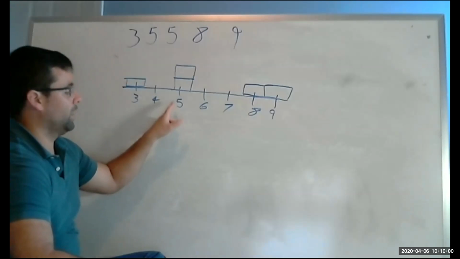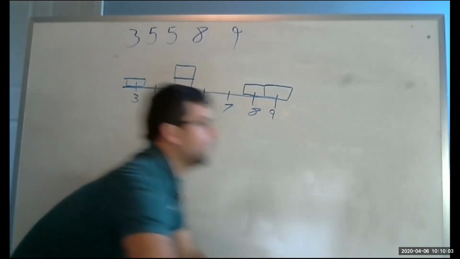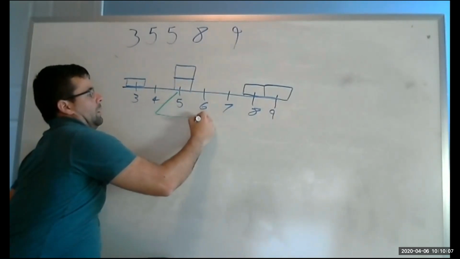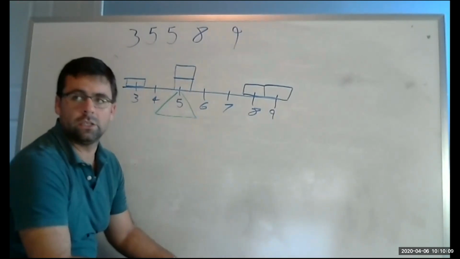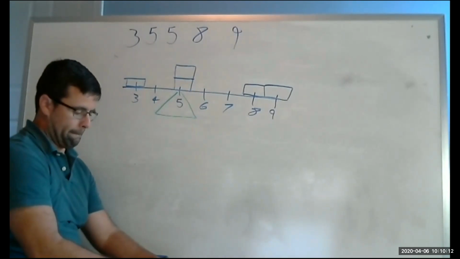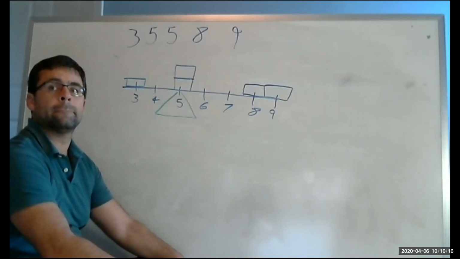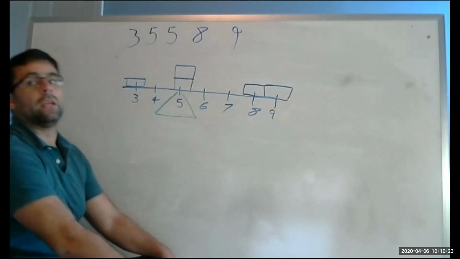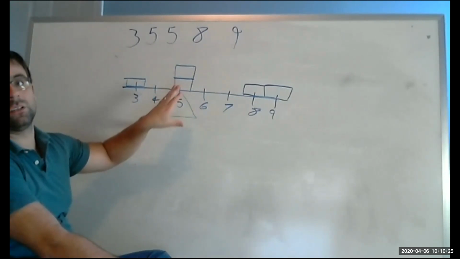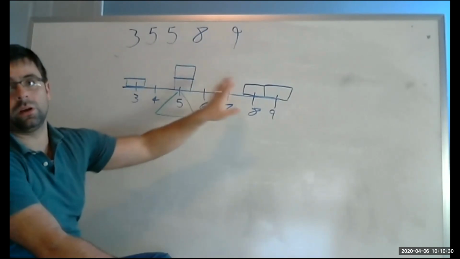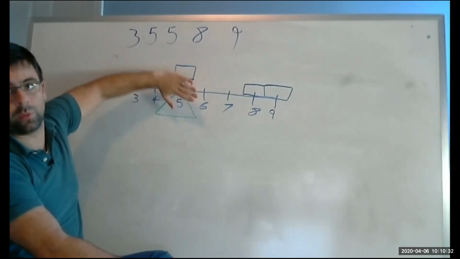So if we put our fulcrum right here, what's going to happen? So if we put the middle of the seesaw right here, so that the top bar can rotate around this point.